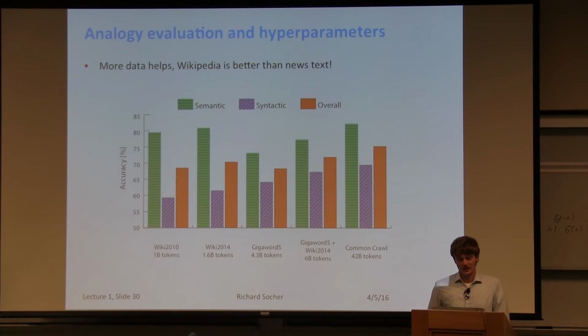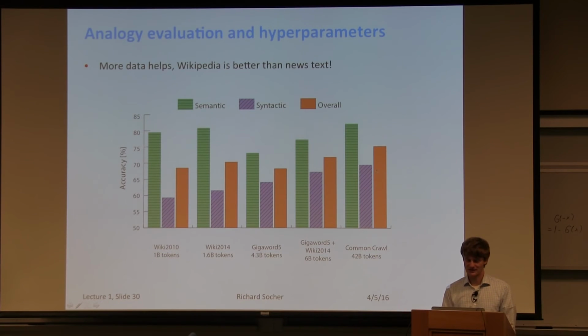All right, now, usually I said more data helps, but if you had to choose what kind of data you train these word vectors on, then it actually also helps to use Wikipedia. For instance, if you said I only have this limited computational budget, so I can only run it on one specific corpus of 1 billion tokens, and now you had the choice of a news corpus or Wikipedia, in many cases Wikipedia is better.